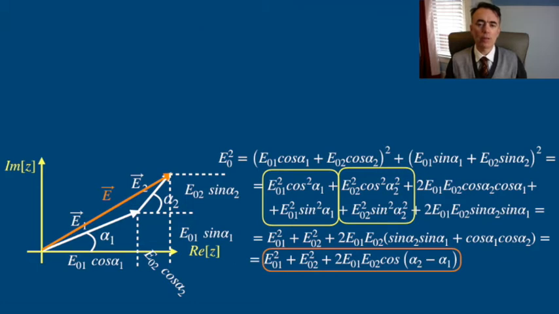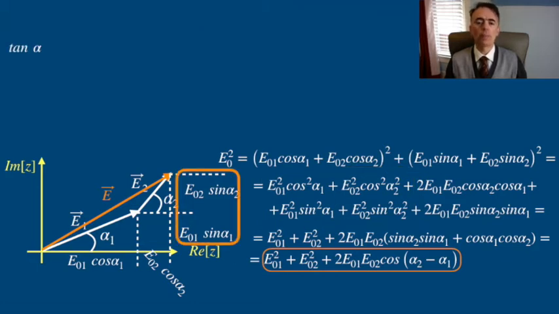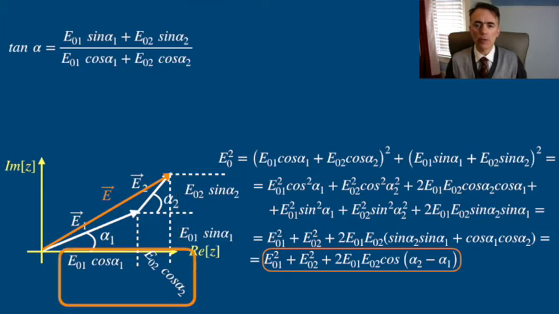The tangent of the phase of the resultant wave is (E01 sine of alpha 1 plus E02 sine of alpha 2) over (E01 cosine of alpha 1 plus E02 cosine of alpha 2).